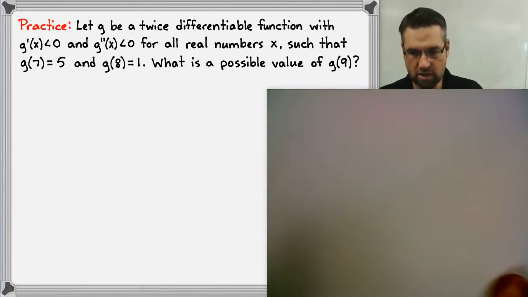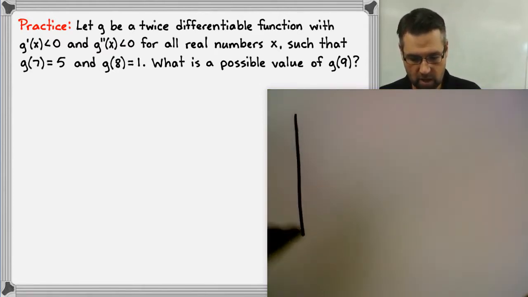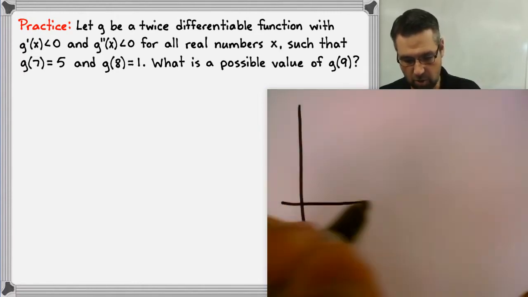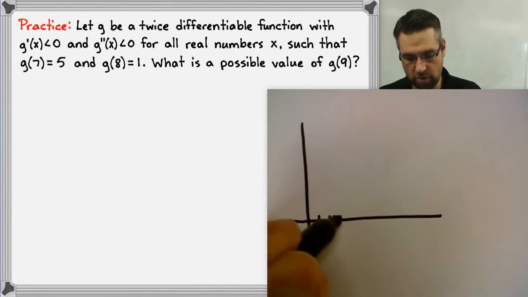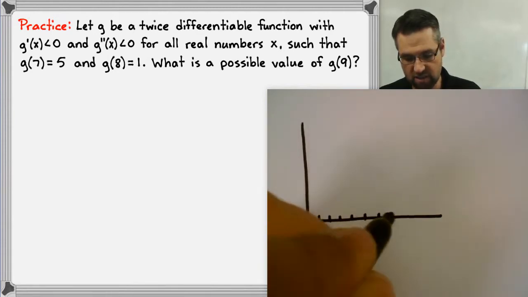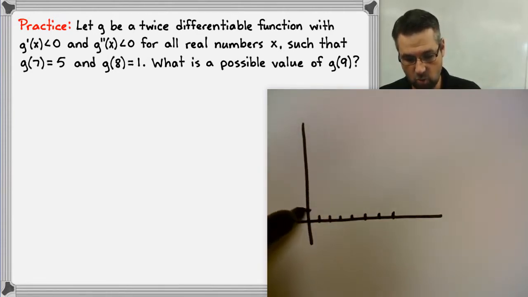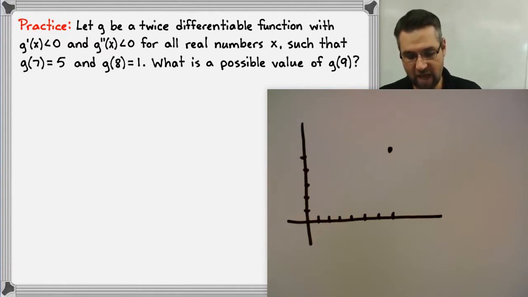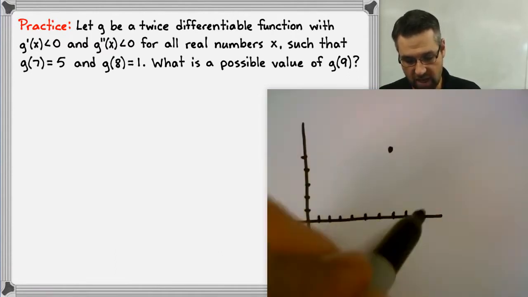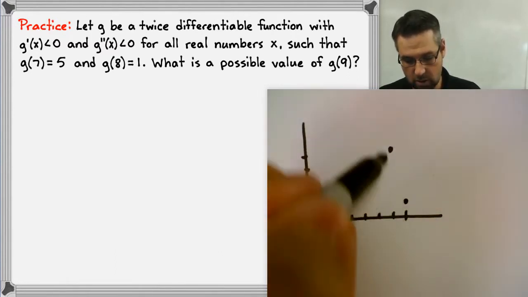So if we were to look at this graphically, I don't think graphically is the best approach here, but if we were to look at it graphically, G of 7, 1, 2, 3, 4, 5, 6, 7, and then up 1, 2, 3, 4, 5. So that's G of 7. And then G of 8 is 1. So here's G of 8 is 1. Okay.